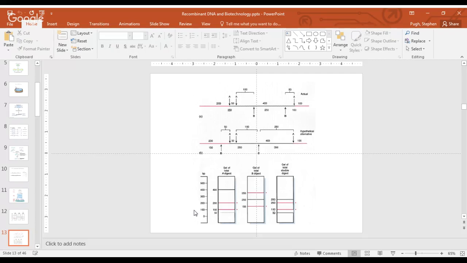If you look at the hypothetical alternative, you can see that would end up producing different sets of pieces of DNA of different sizes. So it's not consistent with our double digest, and the upper diagram is.